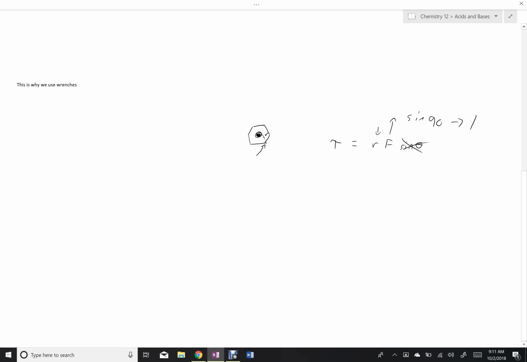One thing that might mean is that you can't apply enough force to that small bolt to make it turn enough. So what you can imagine doing is extending your grip on this with something like a wrench. And then when you apply your force at a much larger distance, the force itself can be much smaller.